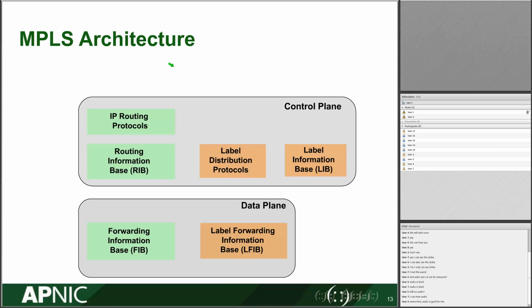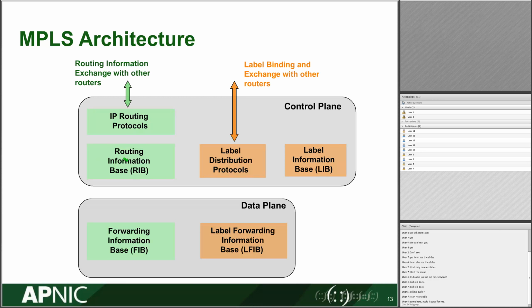And then for the MPLS architecture, if we consider this as inside one router, we have the control plane and the data plane, the forwarding plane. In the control plane, we generate an IP routing table, collecting the different information to generate the routing table, the RIB, and then generate the forwarding information base.